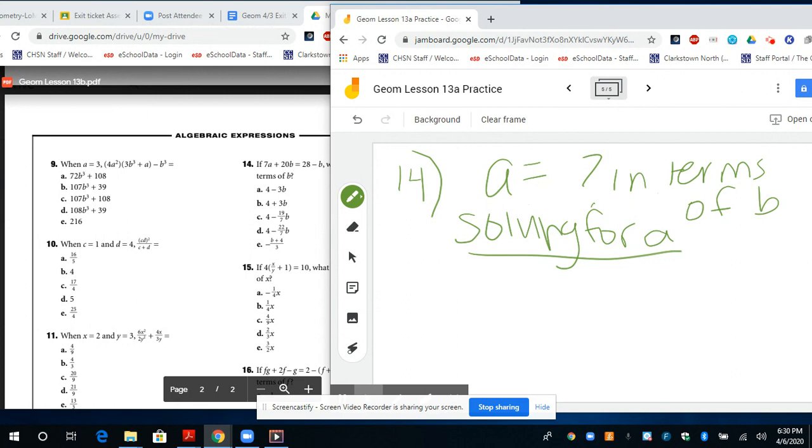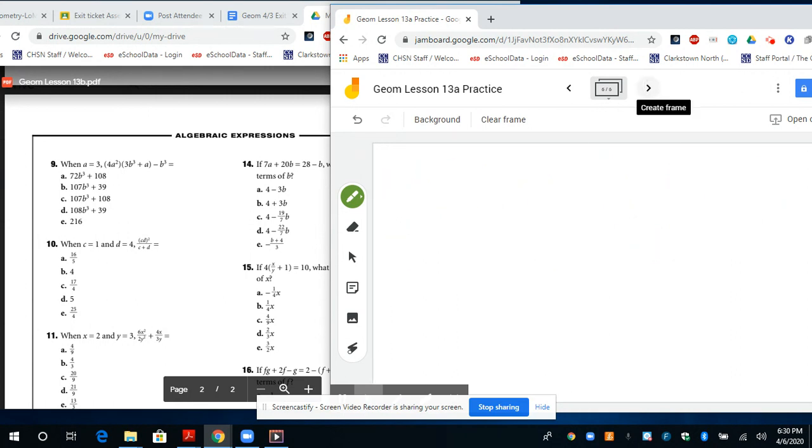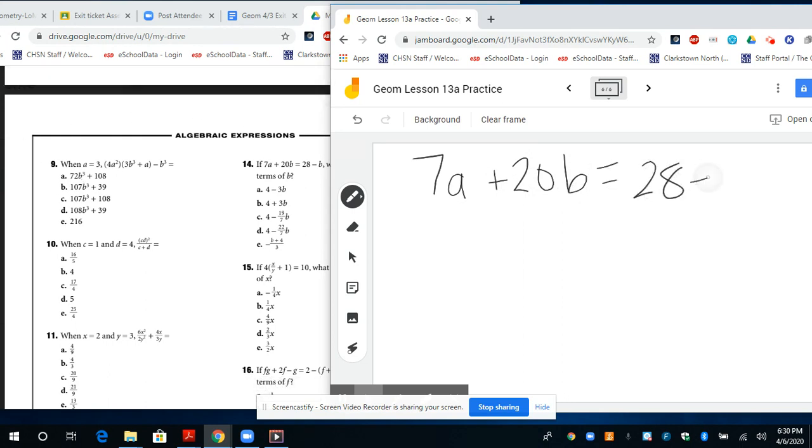So for number 14, I'm going to do it on a different sheet here. I have 7A plus 20B equals 28 minus B. Okay, so we're solving for A. We want A in terms of B. So I'm going to try to isolate A. Let's do the inverse operations.